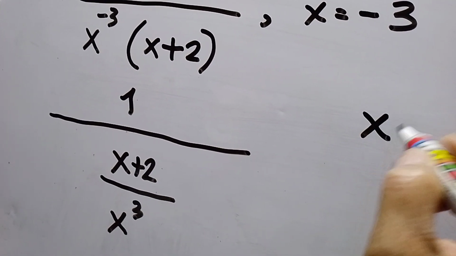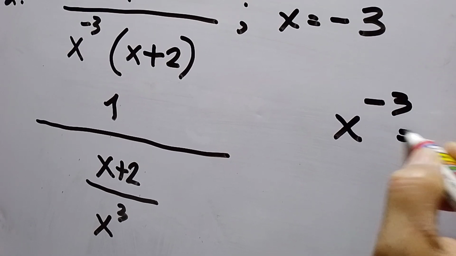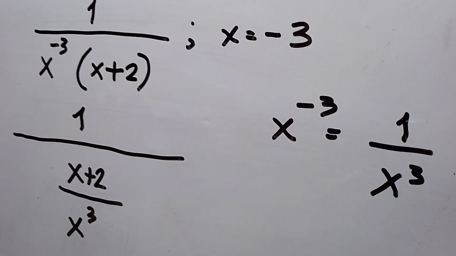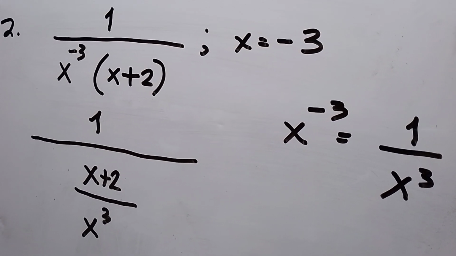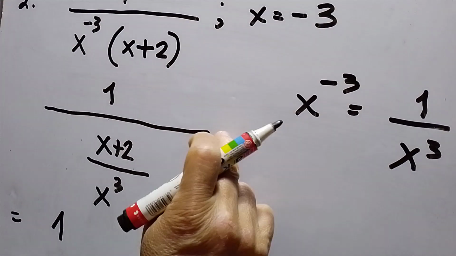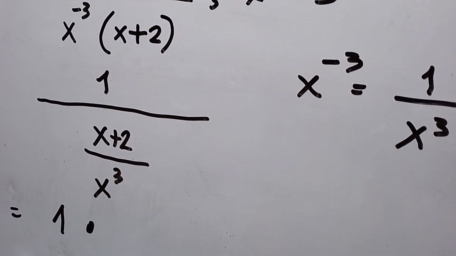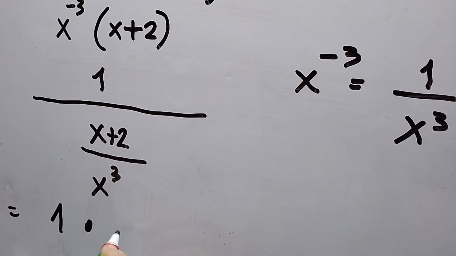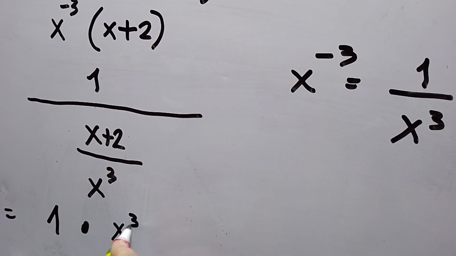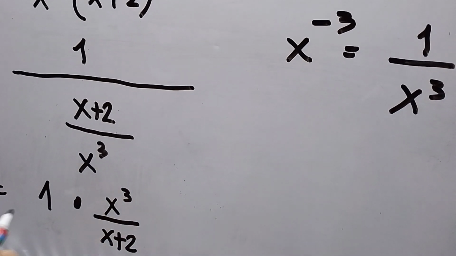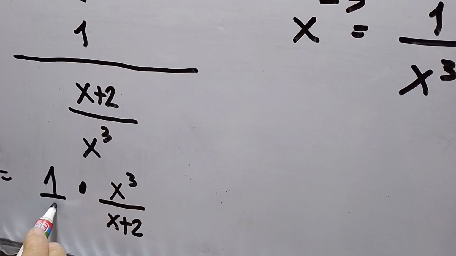Why? Because x raised to the negative 3 will be equal to 1 over x cubed. And then I will copy the numerator, change this operation to multiplication, and flip this fraction. So this will be x cubed over x plus 2. Since there is no denominator in here, I will put 1.